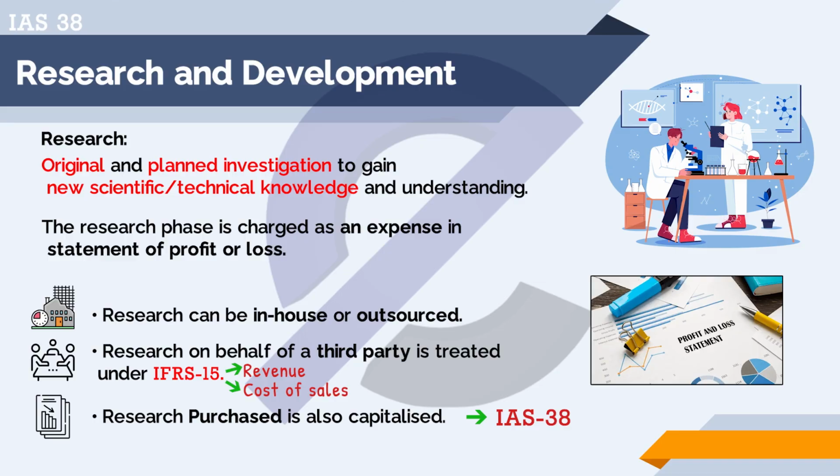IAS 38 is this strict about meeting the definition because they don't want companies to mislead their shareholders by showing that they are doing research expense when in reality they are not doing it. So when you are actually doing a planned and original investigation, at that point in time it can be shown in your financial statements as research expense. This is all with the accounting treatment of research expense. This is the most important point of the accounting treatment. I hope it is now clear to you. Thank you.